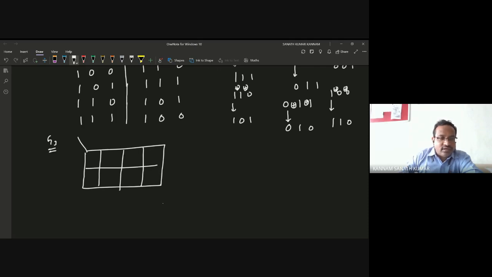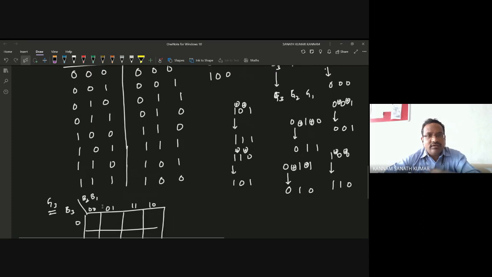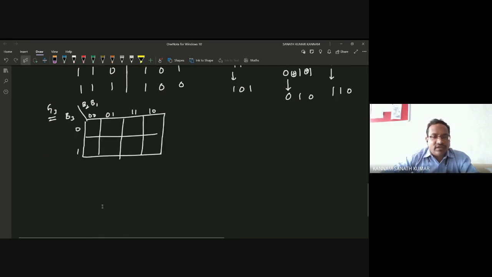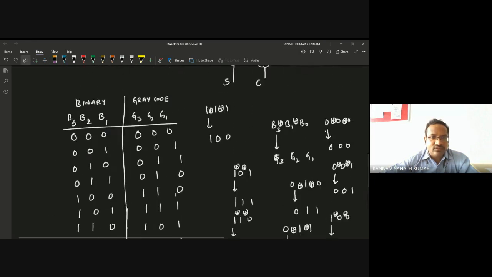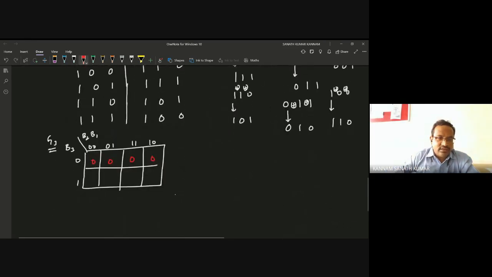These are the inputs, B3, B2 and B1, 0 0 0 1, 1 0 1 1. Looking at the truth table, the first four zeros are there, and the next four ones are there for B3. So 1 1 1 1.